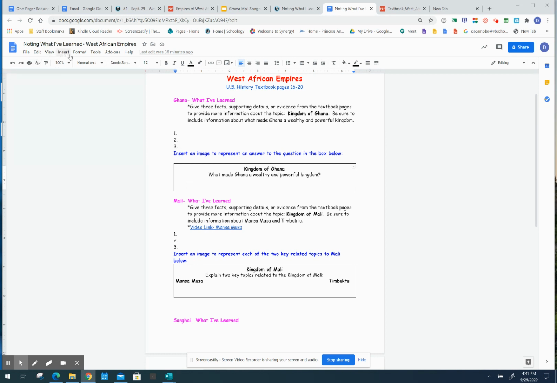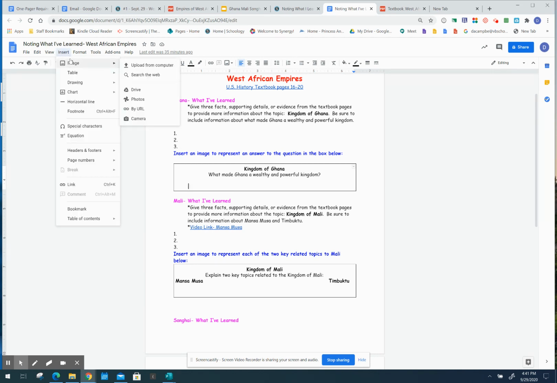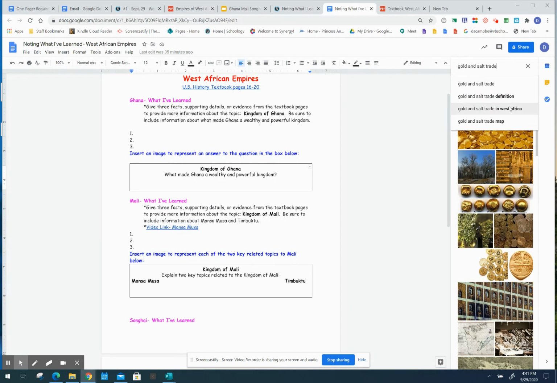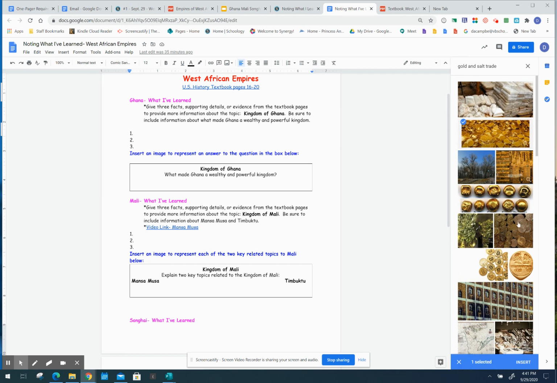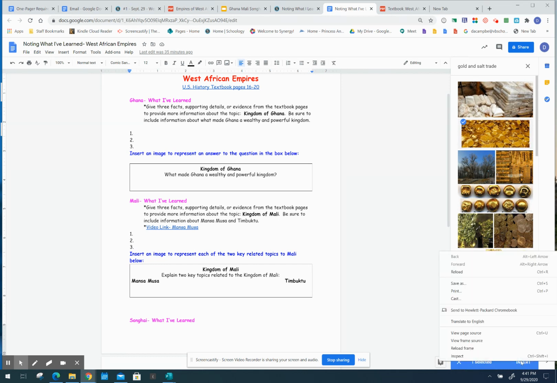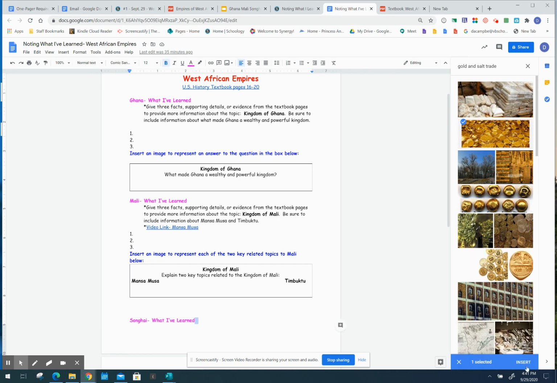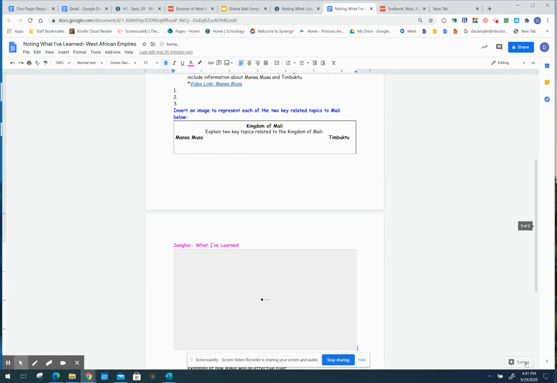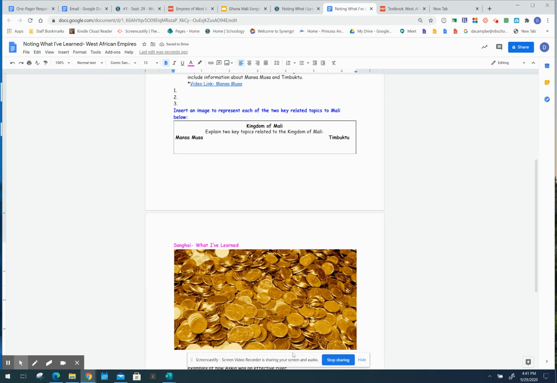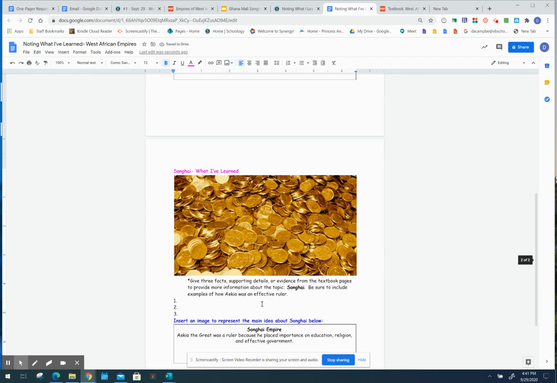So just to help out with that, to insert an image within this box, you'd come up here, insert image, and then we're going to search the web, and we're going to put the gold and salt trade. So let's go ahead and put that one in first. We click insert, and it makes it really big, and we don't want it quite so big.